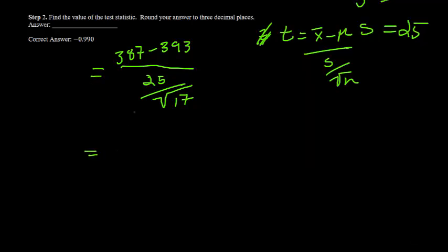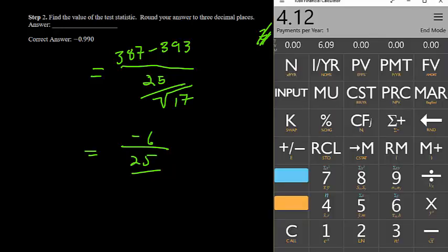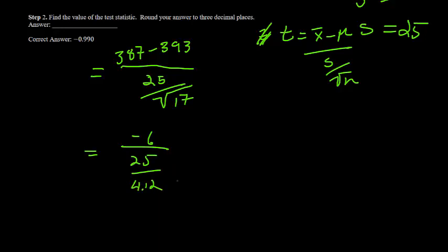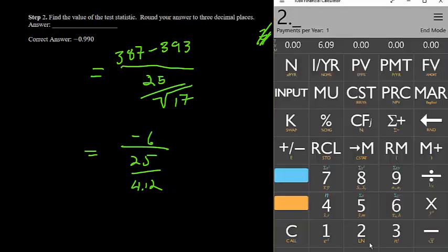This is equal to 387 minus 393, which is negative 6, over 25 divided by 4.12. At this point, it's just math. Let's do the one on the bottom first. 25 divided by 4.12 is equal to 6.07.